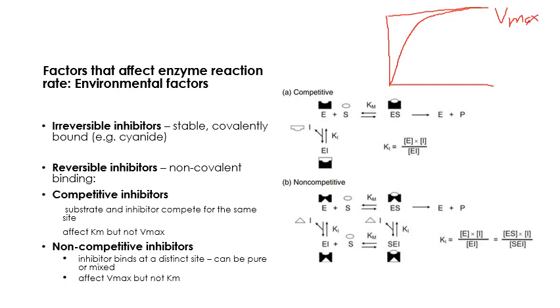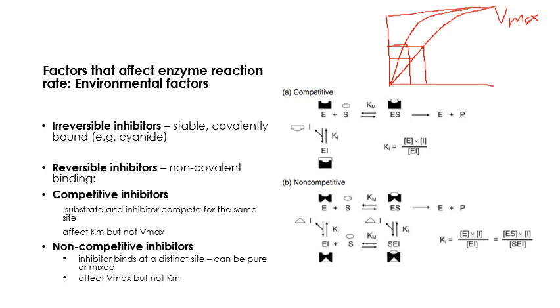If it's a competitive inhibitor, it is going to increase the Michaelis constant value, but it is not going to affect the maximum velocity of the enzyme. So this is without inhibitors, but with inhibitors it has to be something like this.